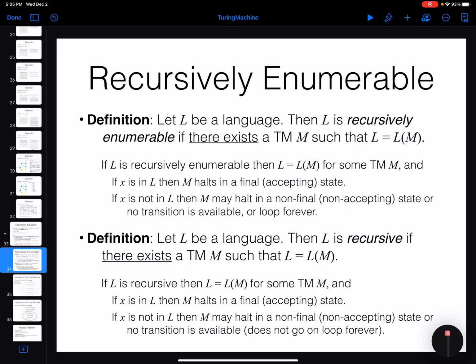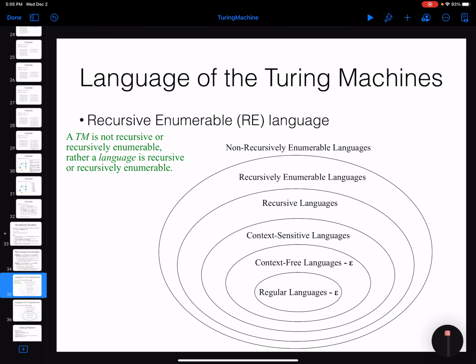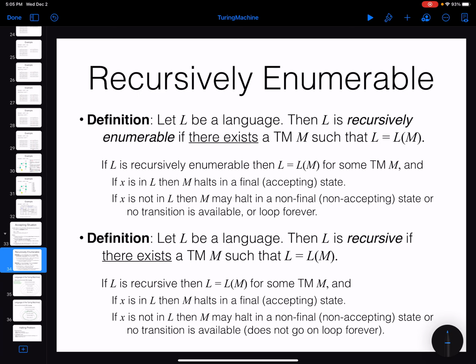So this is where exactly we define the recursive languages and recursively enumerable languages, something that I have just discussed. As I said, the Turing machine is going to represent a set of languages that we call recursively enumerable.